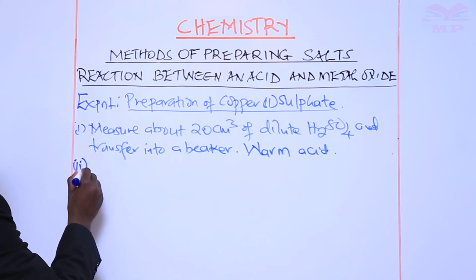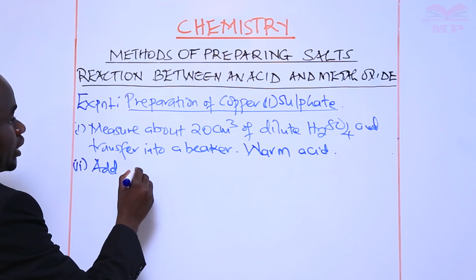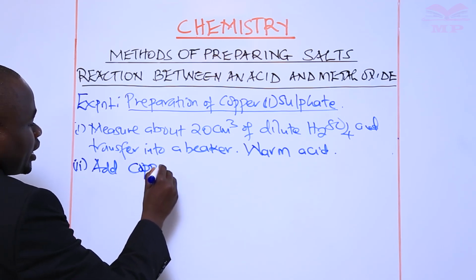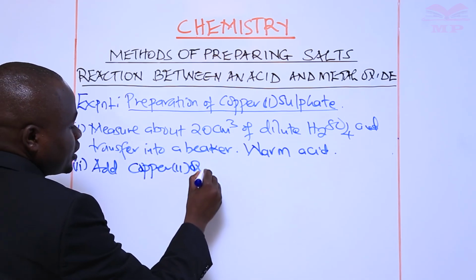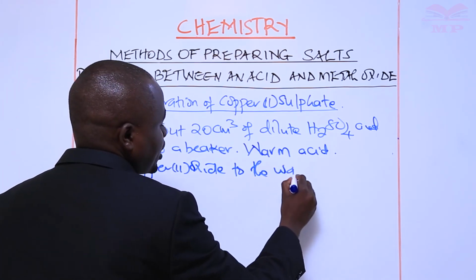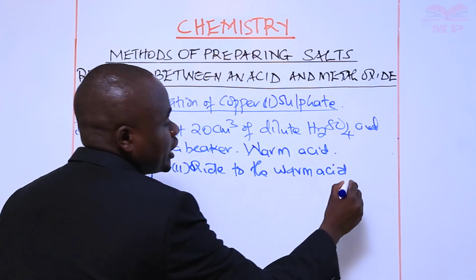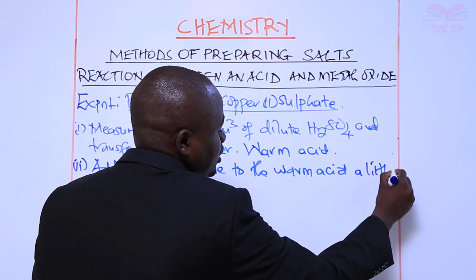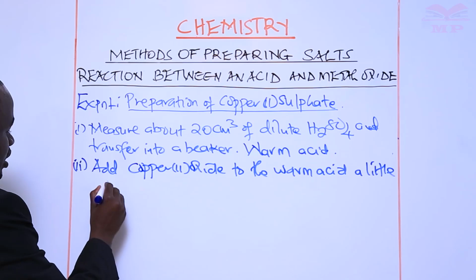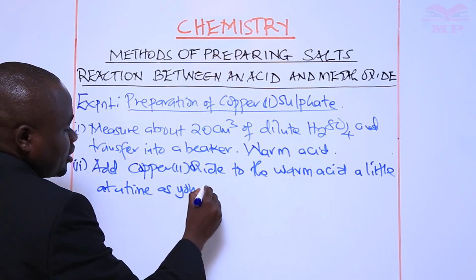Secondly, you add copper oxide to the warm acid, a little at a time, as you stir.